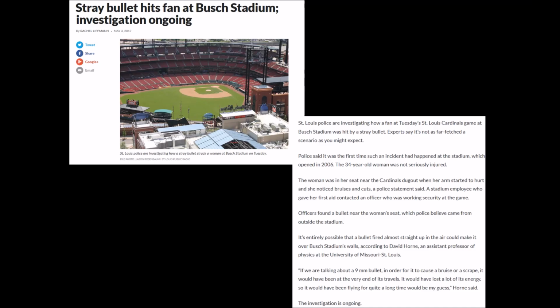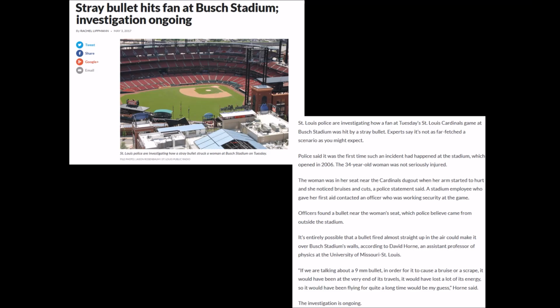It turned out she ended up with a bit of a scratch on her hand, so that enabled me to immediately decide that this bullet did not have a lot of energy. Assuming the bullet was then 9mm, a very common caliber in this country, basically, you could look up the exit velocity, the muzzle velocity of that particular bullet. You can do some basic calculations and look at the trajectory both from a mile away and right outside the stadium walls.